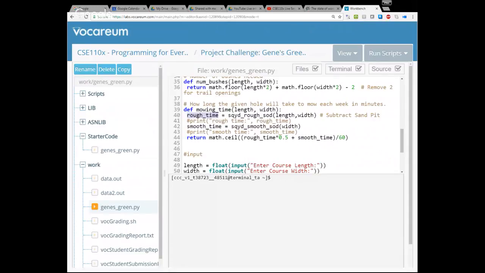So that's a little confusing there. So this is really the rough sod square yards, and this is the smooth sod square yards. Is that correct? Mm-hmm. And then down here, you're multiplying the square yardage by the actual specified mowing time for that type of grass, whether it's rough or smooth.